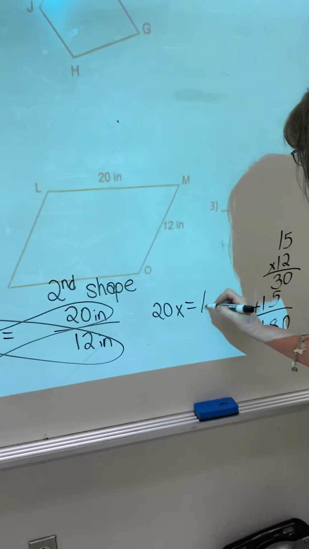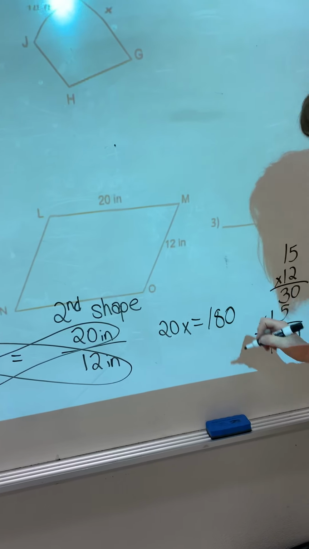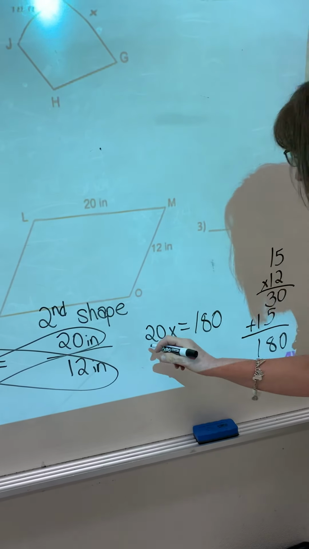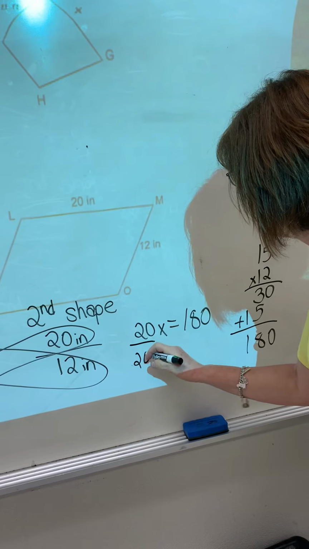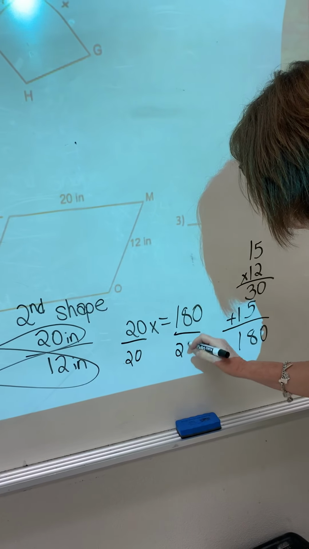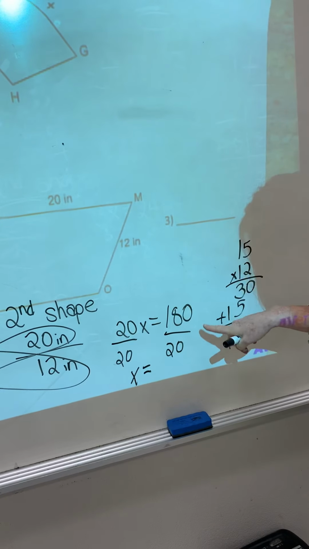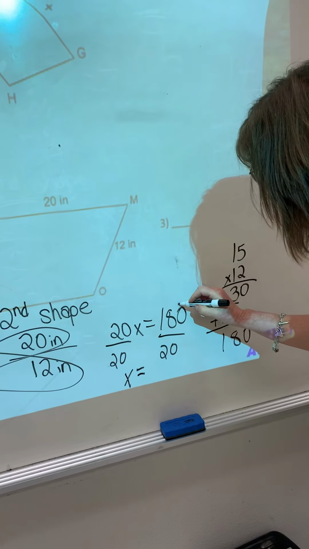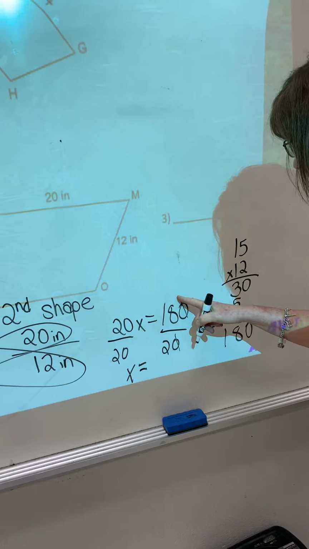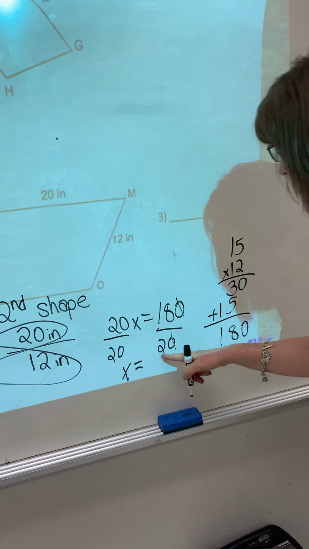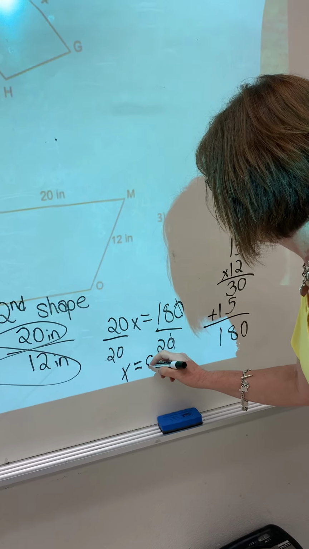So I'm going to make that equal to 180. I now need to divide both sides by 20. And little trick, if you knock off the zeros, you can think of it as 18 divided by 2, and the answer we get is 9.